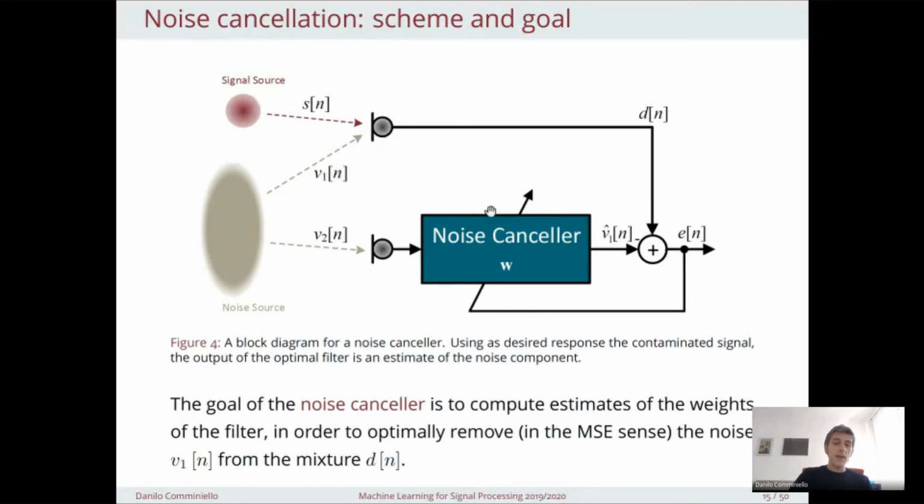So it is very significant because it is a problem that can be found in lots of things you are considering. For instance, imagine that you have your headphones with noise cancellation. They are all based on this kind of scheme, this kind of approach.